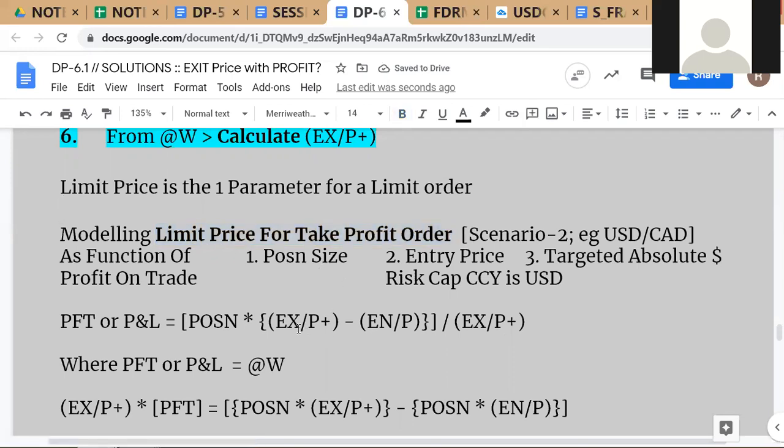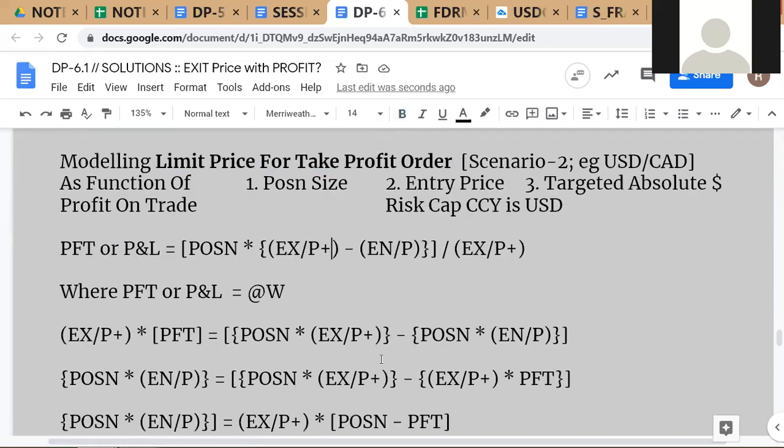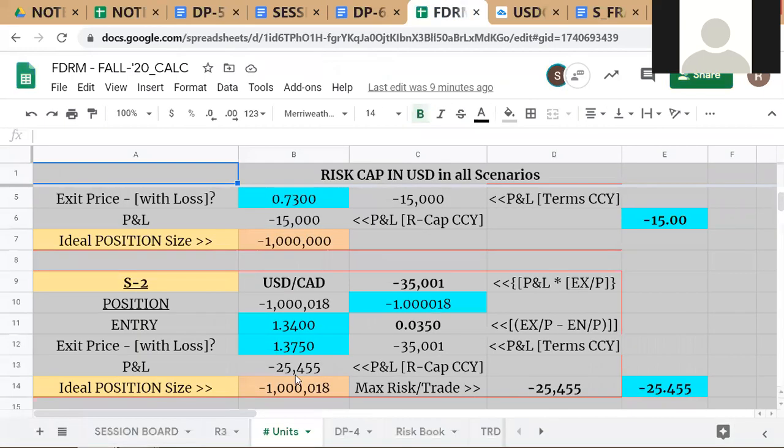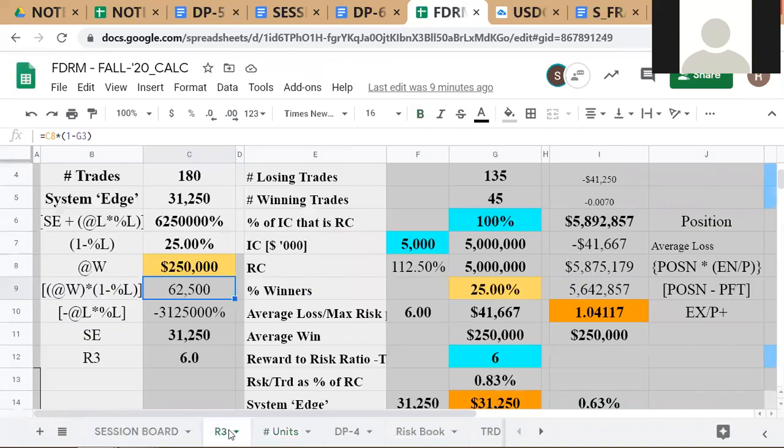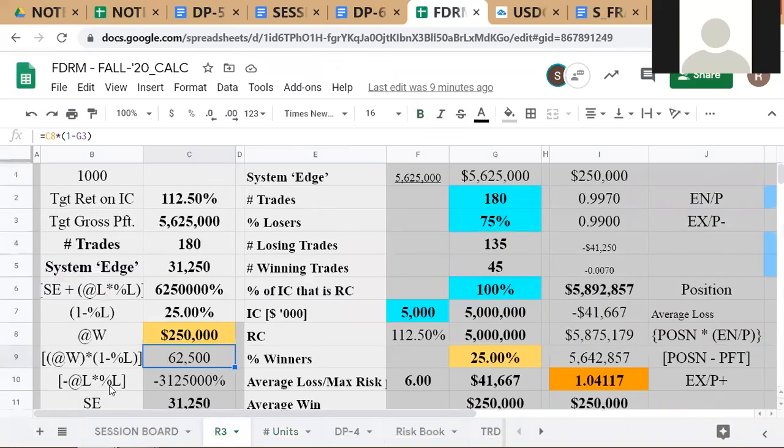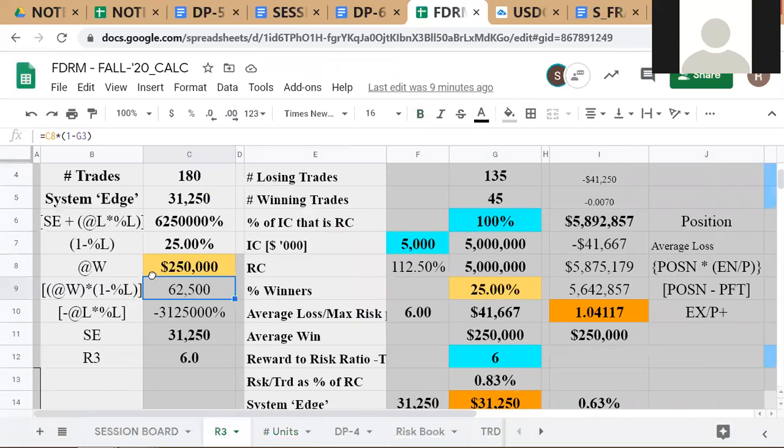So let's put this into action. We got the average win. Have we got the average win? Yeah, we got the average win, right? Now let's put this into action.